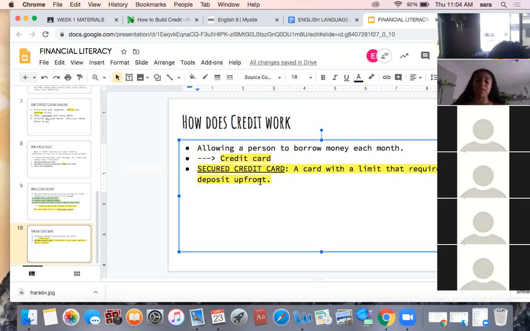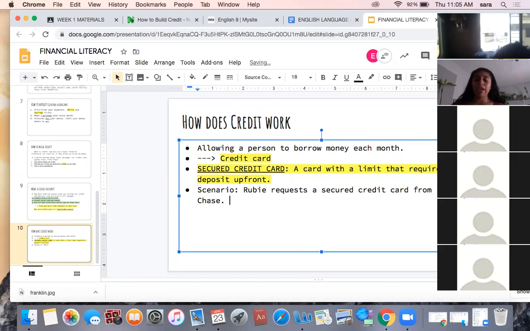So what does that mean? Let me put a little scenario over here, and this one you do have to copy. We'll use Ruby for our reference. Ruby's our person, okay? Ruby's 18, and she wants to begin her credit, right? Ruby requests a secured card from Chase.